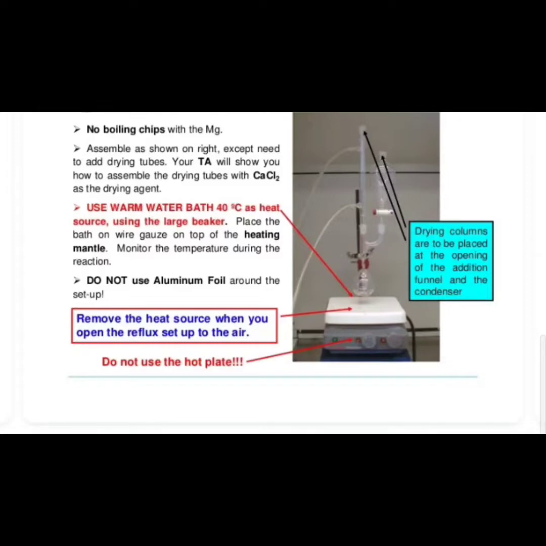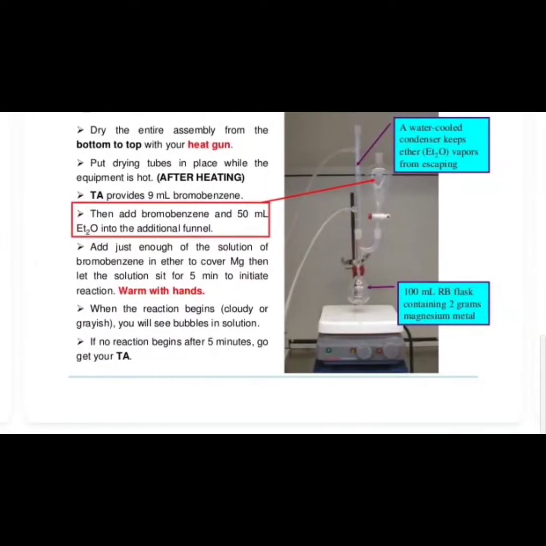Next, some reagents are required. First one is bromobenzene. Next is the Grignard reagent. A heat gun is required. You will count the equivalents: how many equivalents of bromobenzene and how many equivalents of the Grignard reagent.